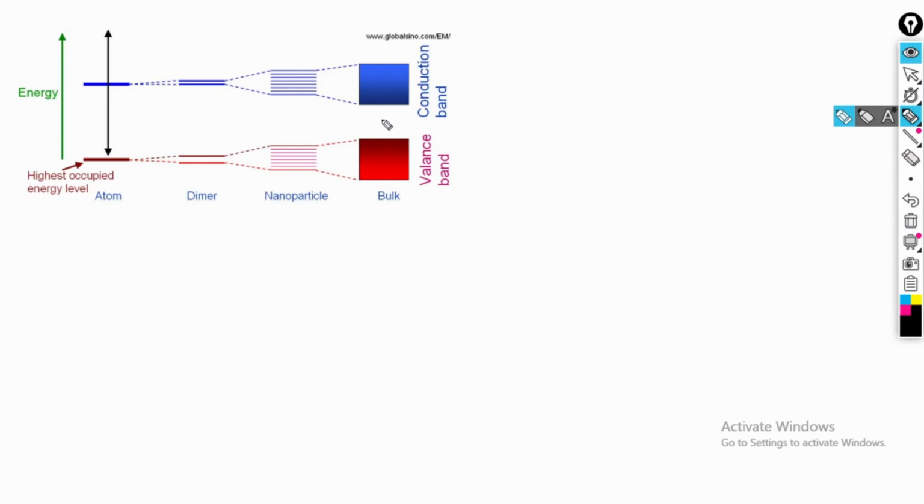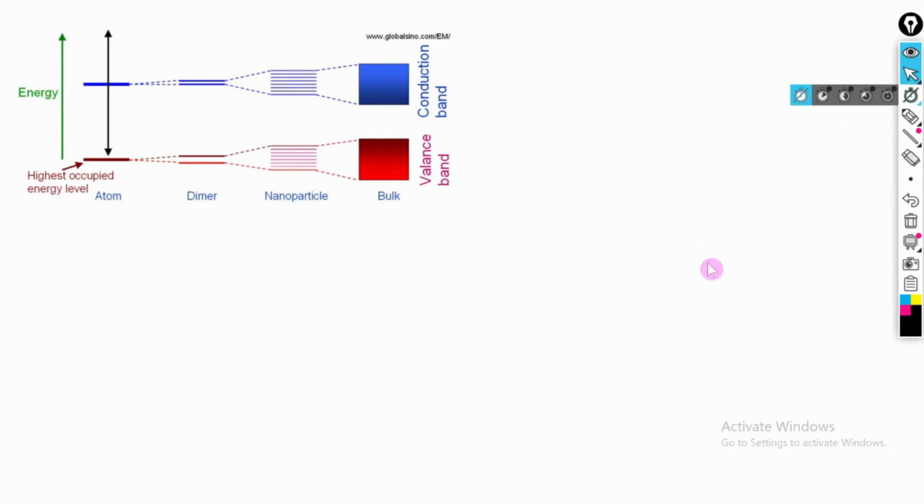So the same concept is present here. The electron will be present only in the valence band and in the conduction band, but will not be present between these two bands. So let's take a close look at this explanation.